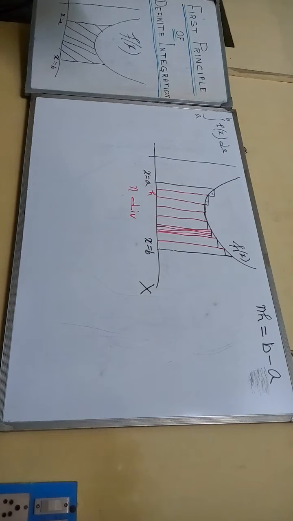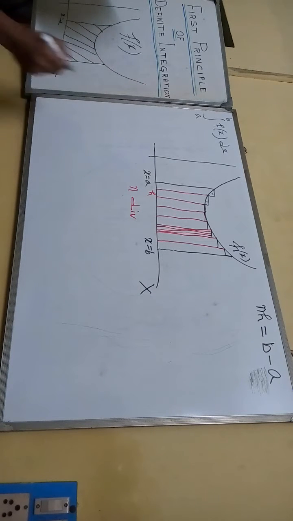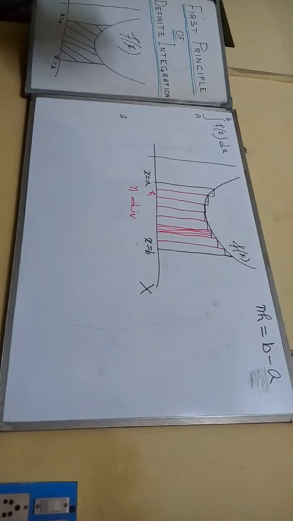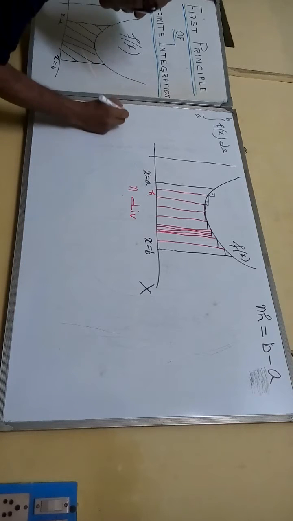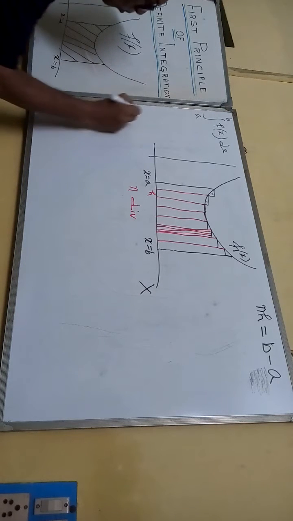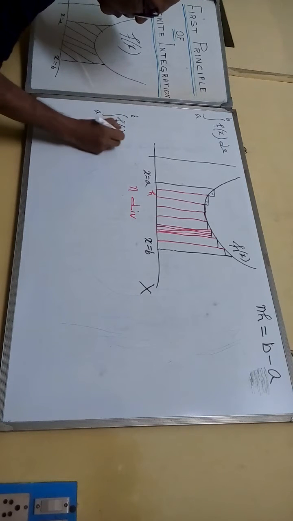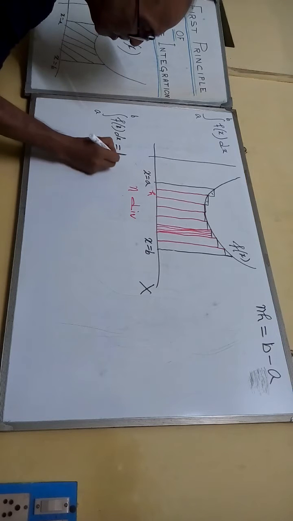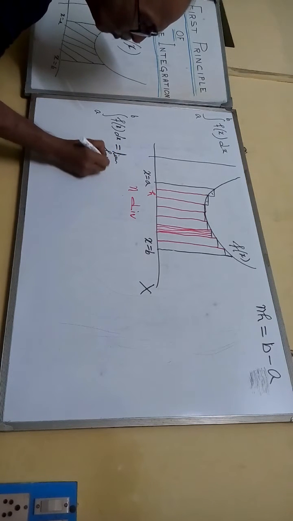So what we are saying is, the sum of all these rectangles, how can we say it? That is, the integral from a to b of f(x) dx equals the limit as h tends to 0.